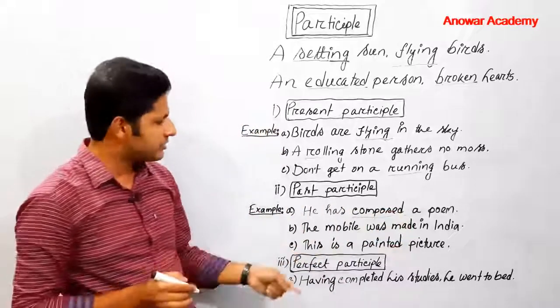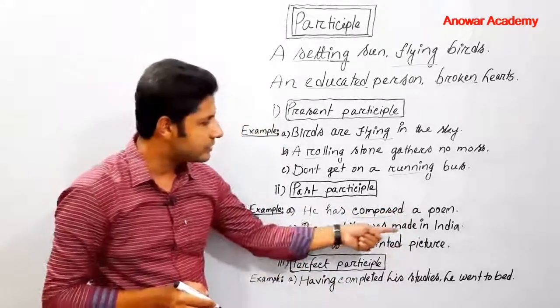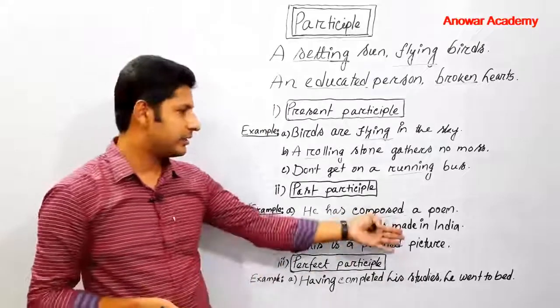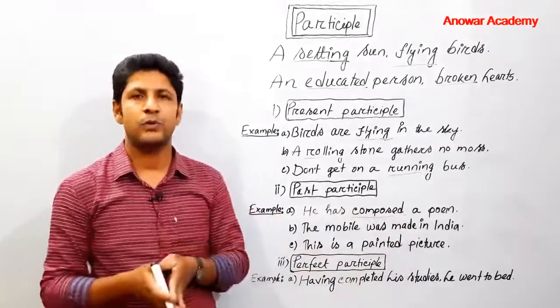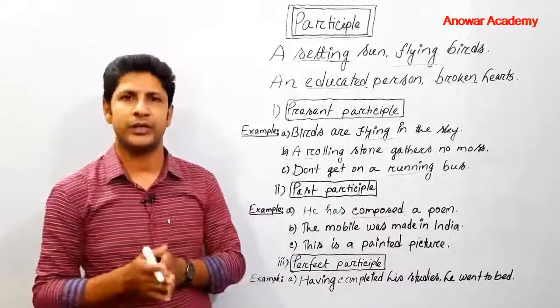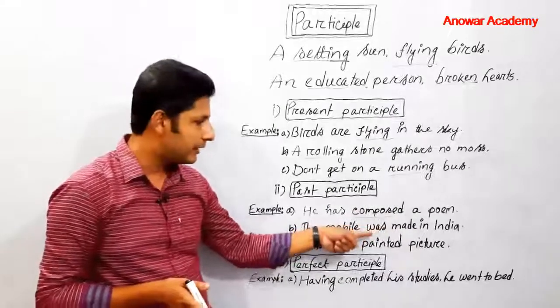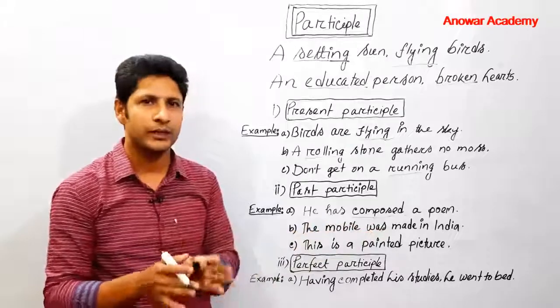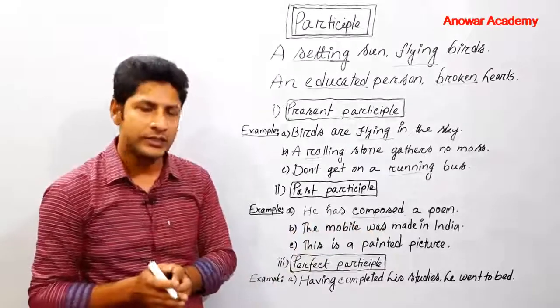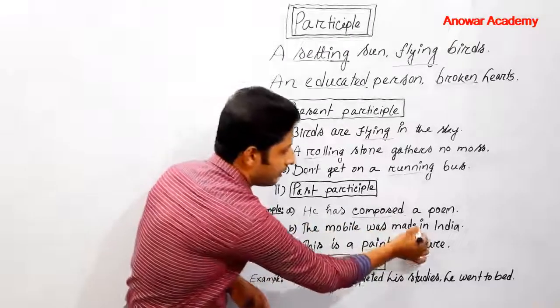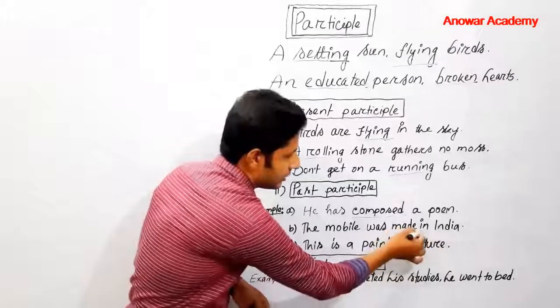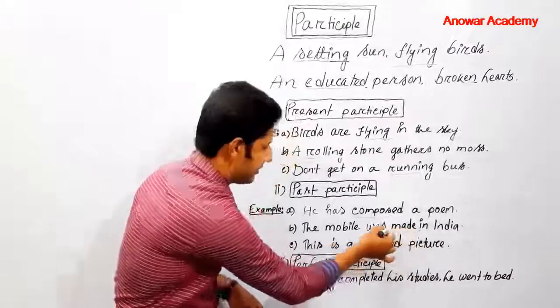In the second example, the mobile was made in India. Here, made, the past participle form of the verb make, is used with the helping verb was to make it a passive voice. That's why made is called past participle.